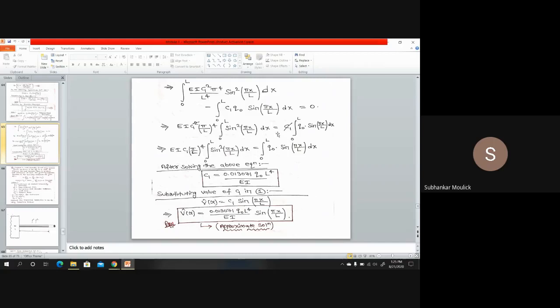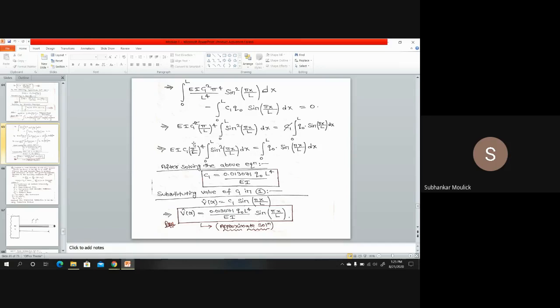Once this c1 and the square got cancelled, your final equation becomes EI c1 into pi by L whole to the power 4 times the integral of 0 to L sine square pi x by L dx equal to the integral of 0 to L q naught into sine of pi x by L dx.